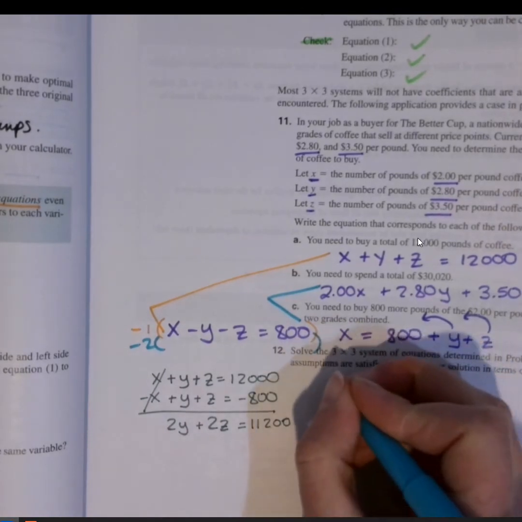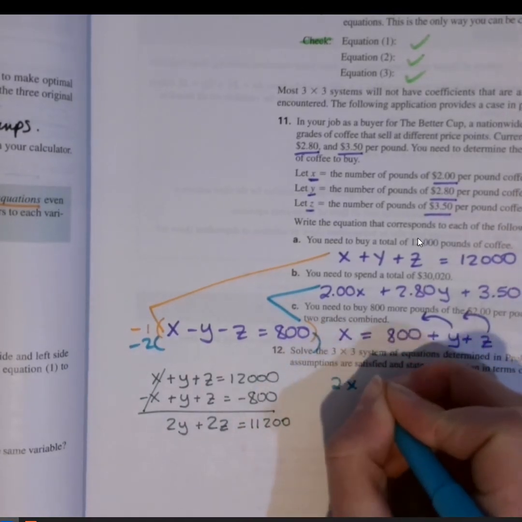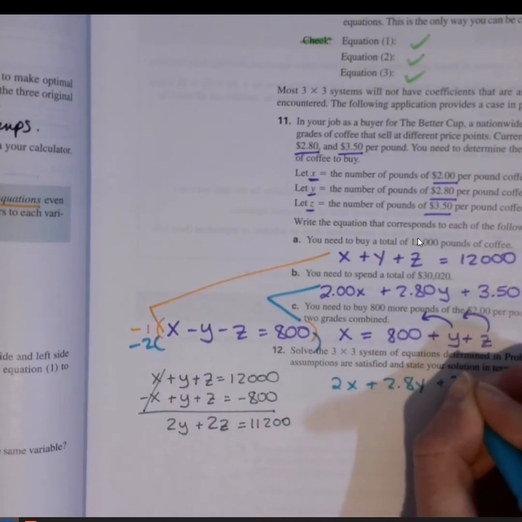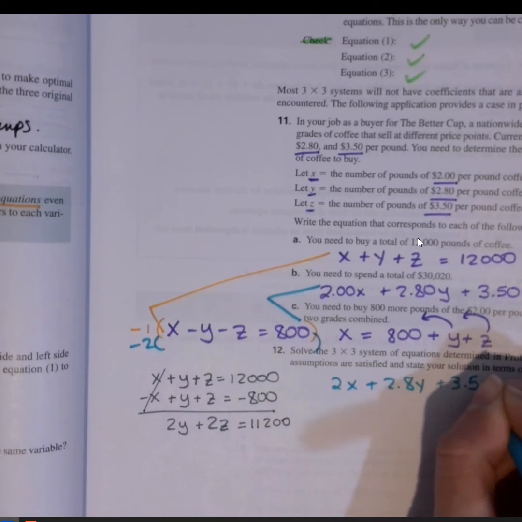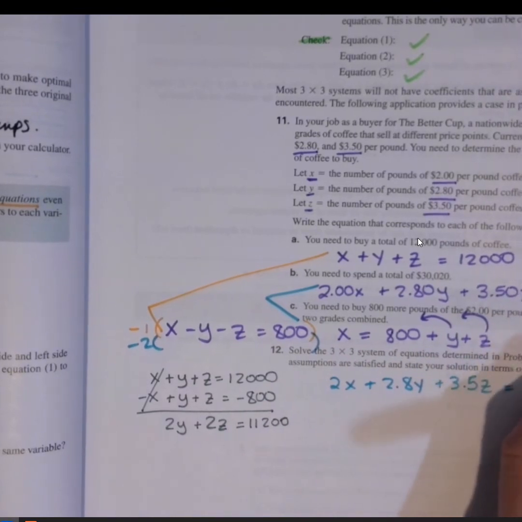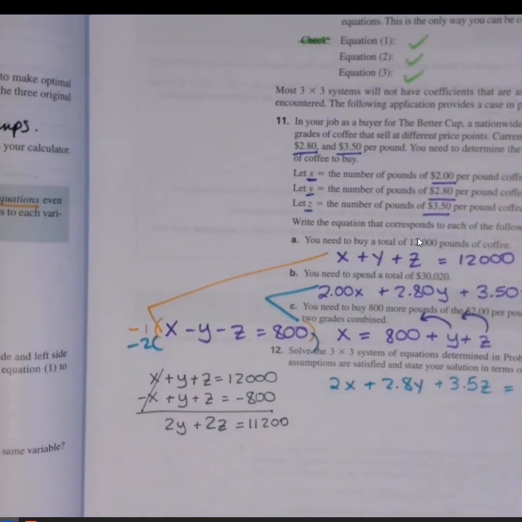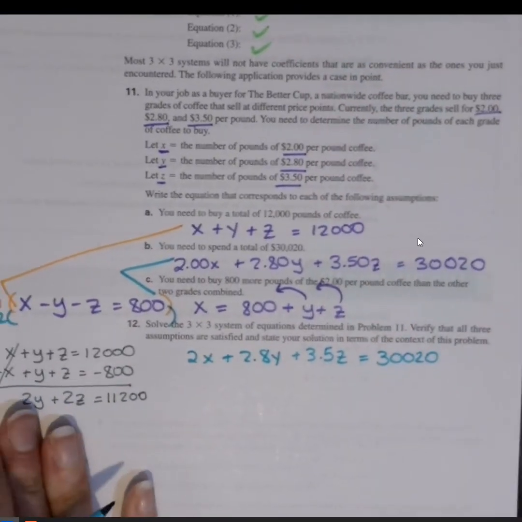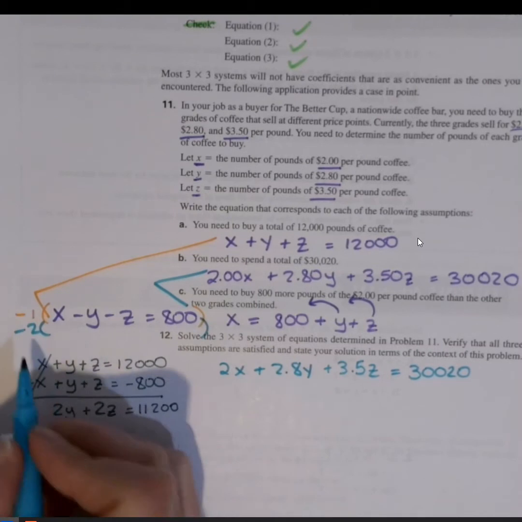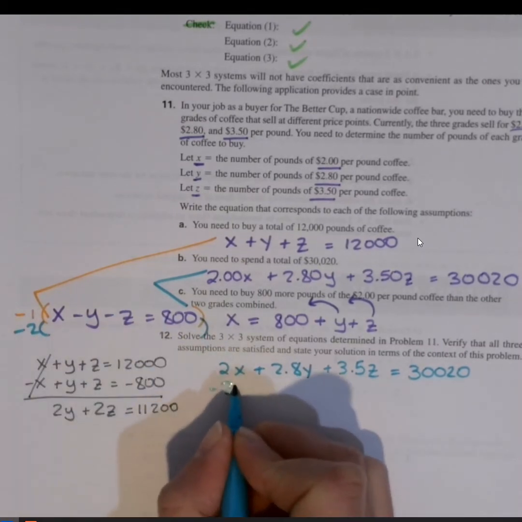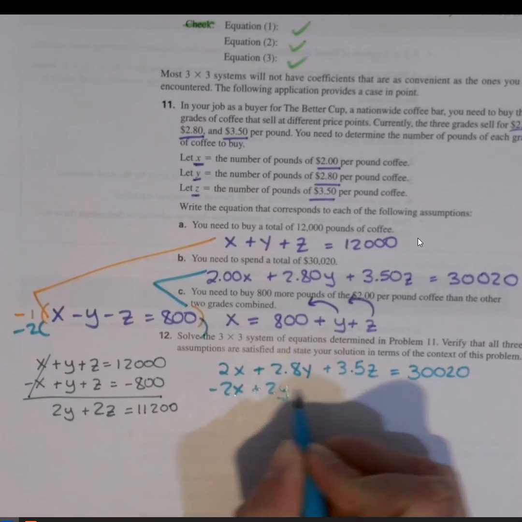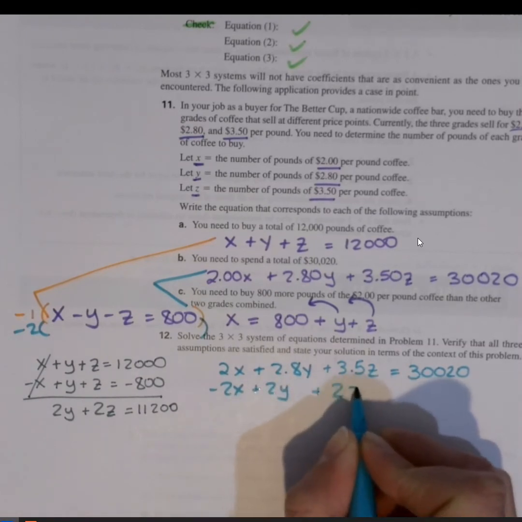So I'm going to do that right over here. I'm going to leave the 2x plus the 2.8y plus the 3.5z equals the 30,020. And then my -2 times x is going to be -2x. -2 times -1y is +2y. +2z.